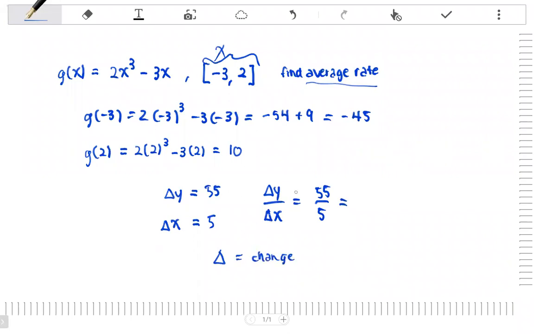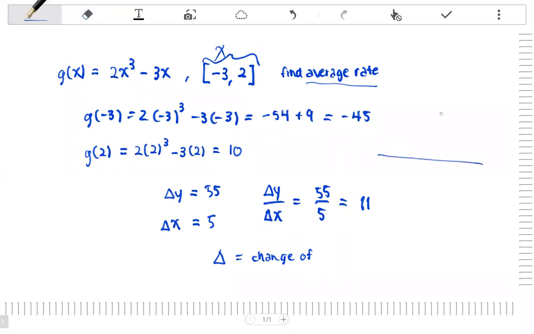So delta y over delta x is 55 over 5, so 11. Yeah, 11 is the slope.